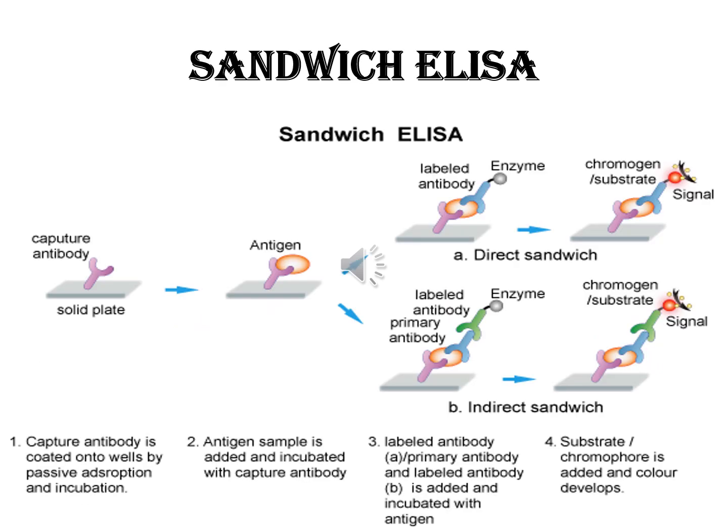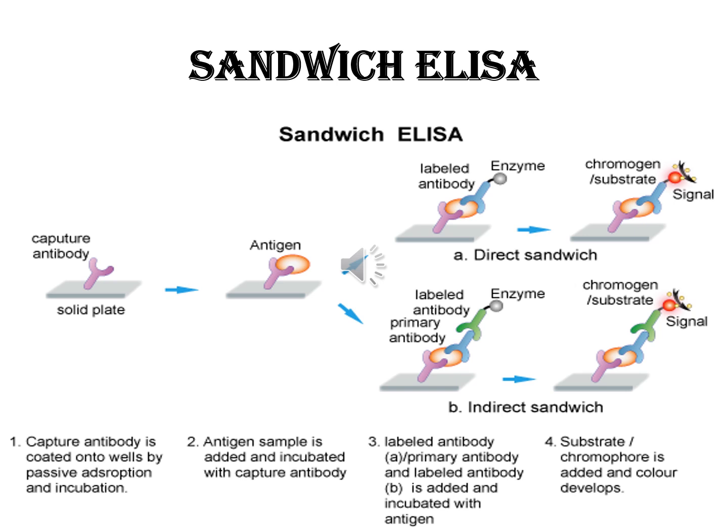The third type is sandwich ELISA. Antigen can be detected or measured in this technique. The antibody is immobilized on a microtiter well. A sample containing antigen is added and allowed to react with the immobilized antibody. After the well is washed, a second enzyme-linked antibody specific to a different epitope on the antigen is added and allowed to react with the bound antigen.